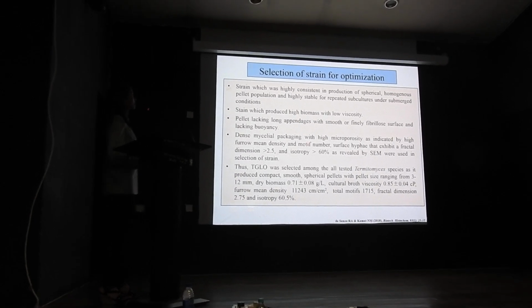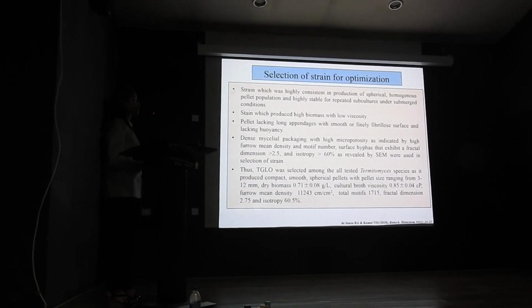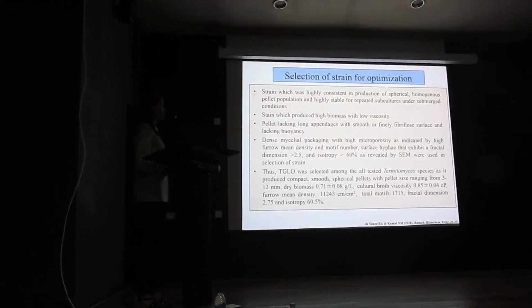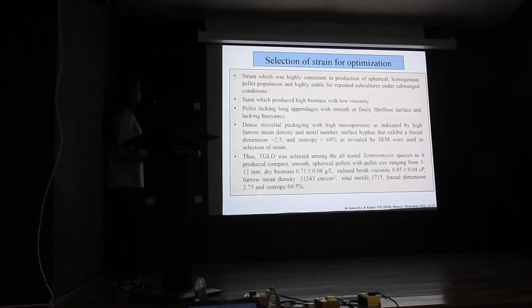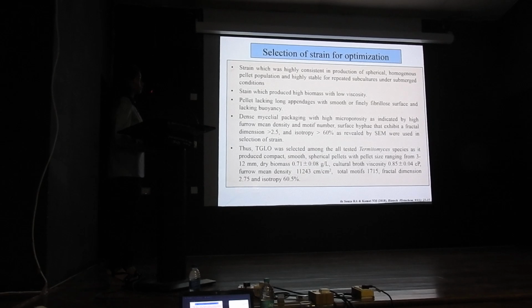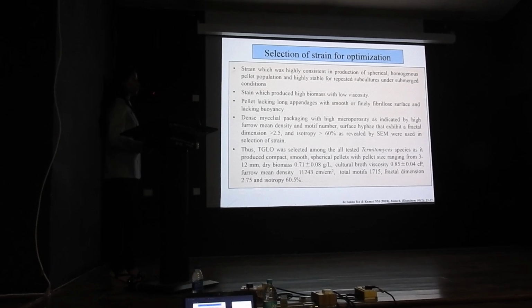So dense mycelial packing with high microporosity, as indicated by high furrow density and motif number, and surface hyphae that exhibit a fractal dimension greater than 2.5 and isotropy greater than 60%, as revealed by SEM, were used in the selection of strains.